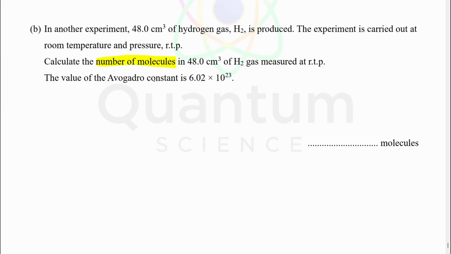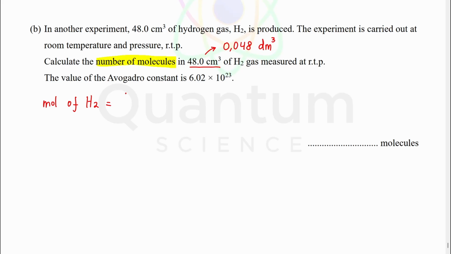Okay? So if you still remember how to find the moles of a gas at RTP, mole equals to volume divided by 24, right? So we find mole of H2 equals to, remember the volume here should be in dm cube. So you change into dm cube, you divide by 1000. So equals to 0.048 dm cube.